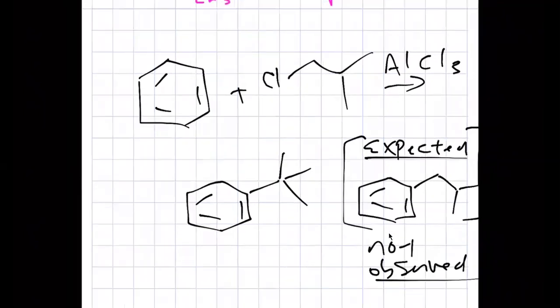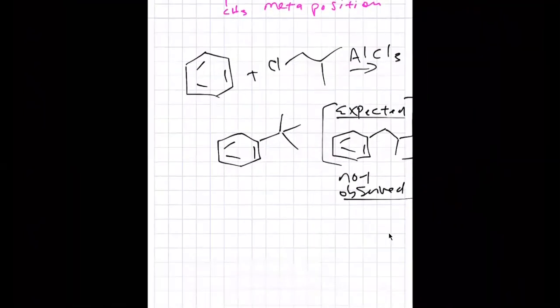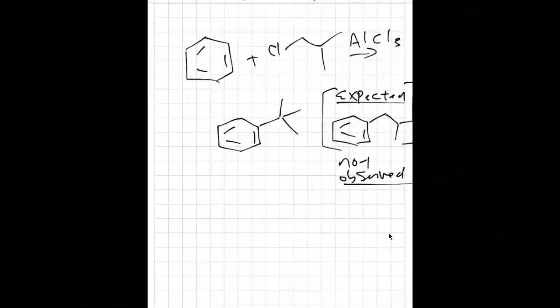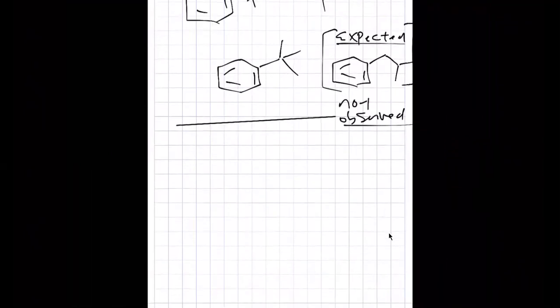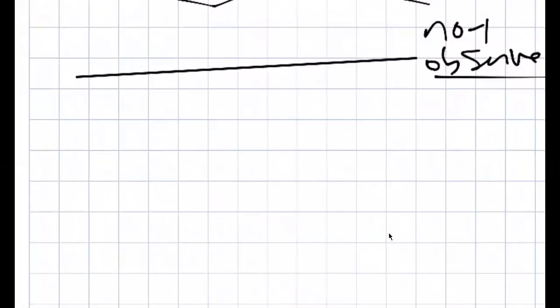All right. So what do you think happened? Let's go through the mechanism. You can actually explain it after the first step, the electrophile prep step. Let's look at that.